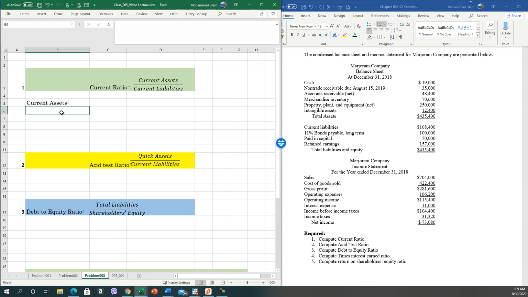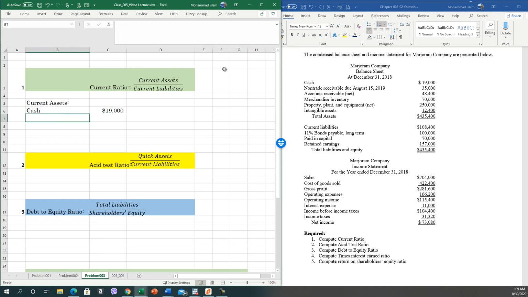The first one is the current ratio, which is current assets divided by current liabilities. First we need to know the current assets. The current assets given are cash, that is 19,000.